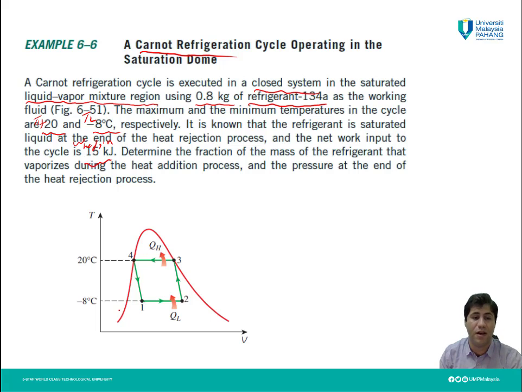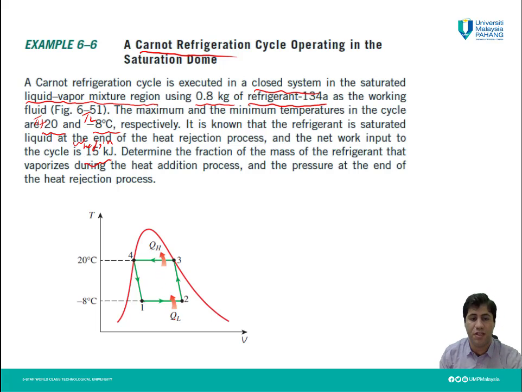This green, almost the orange line or red line, is the line that separates the saturated region from the other regions of the state or phase for the substance, which we have seen in chapter 3 for water, but it is the same for other types of substances as I discussed earlier.